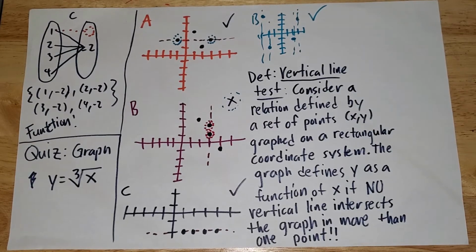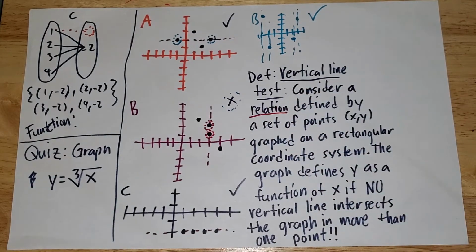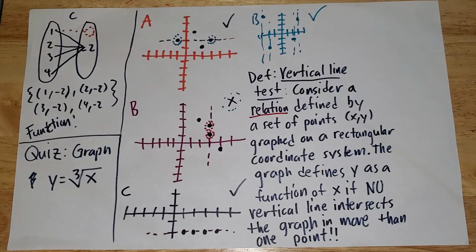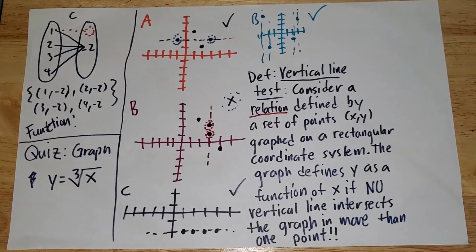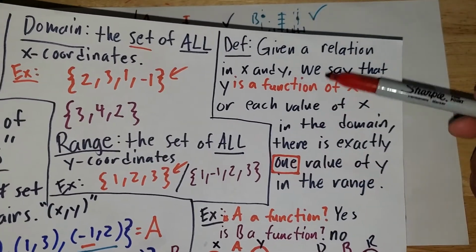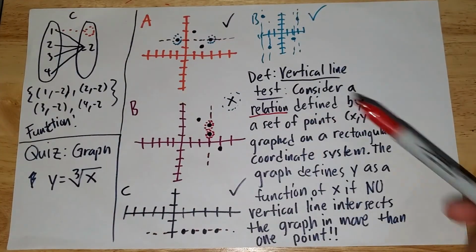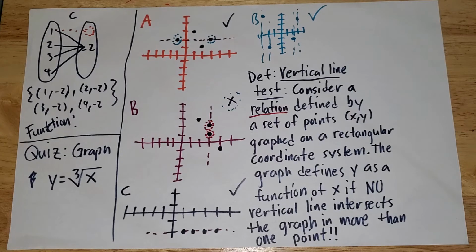So, again, it says consider a relation. It's going off the definition of a function, starting off the same way, because this vertical line test is testing if a relation is a function. So consider a relation defined by a set of points x, y.